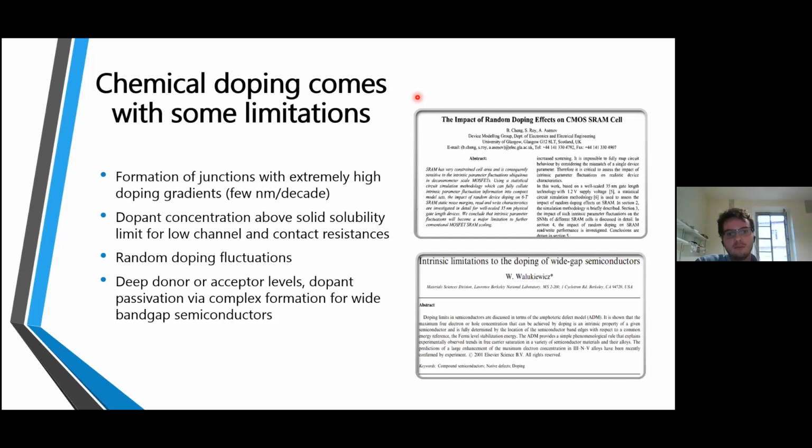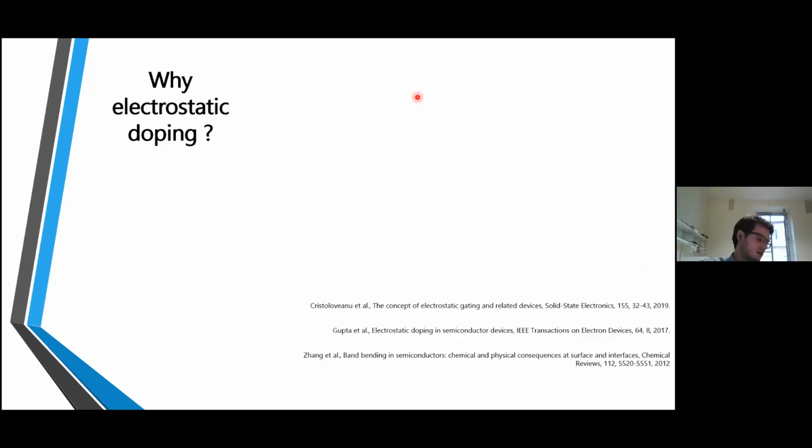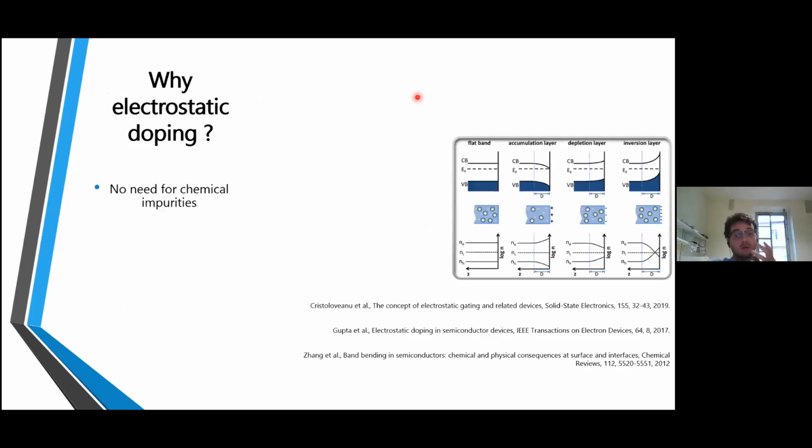In this frame, a possible solution is provided by a novel mechanism. Well, I wouldn't say novel, but a novel application of something already known, which is electrostatic doping. Electrostatic doping is really different from the concept of chemical doping, as first of all, it is completely reversible.